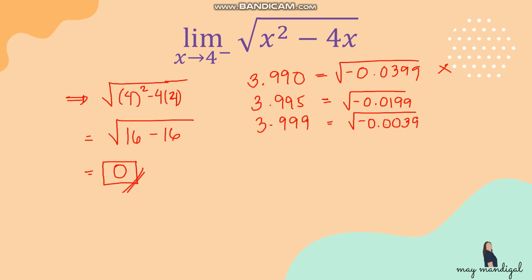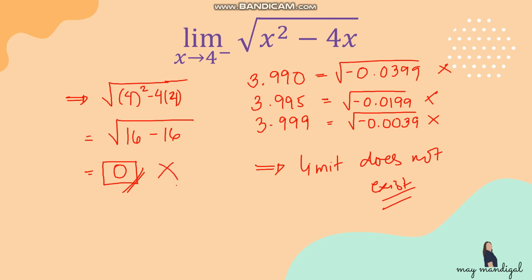So, since the radicand is now negative and we have to get the square root of that, that means we cannot get a value for this. So this means now, since we cannot get any value if we substitute the values from the left to 4, that the limit does not exist. Okay, so it's not true that the limit is equal to 0.